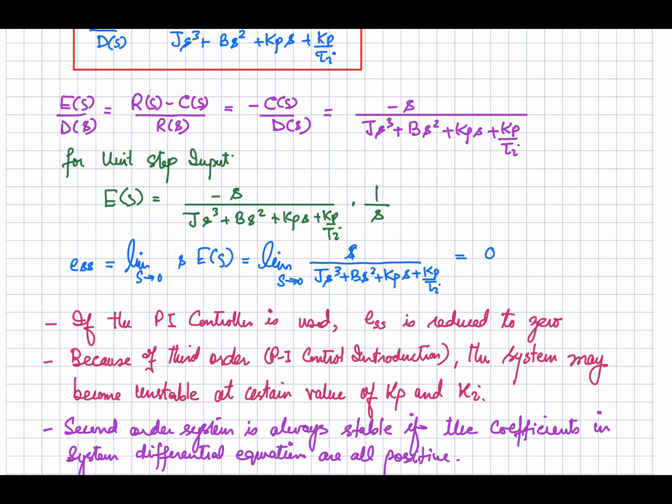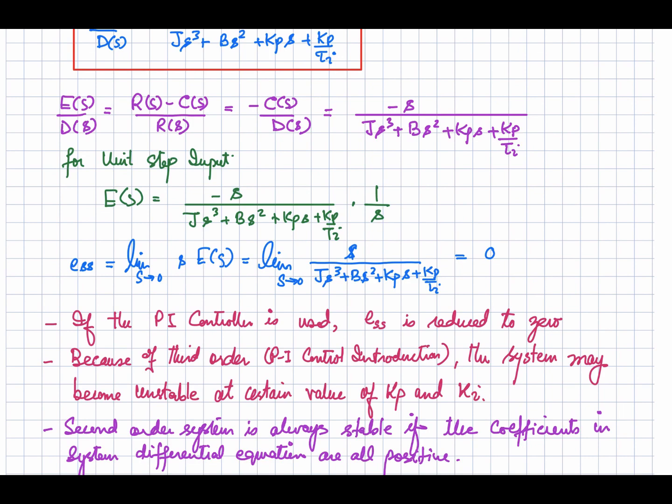So what we can conclude over here is, if we introduce the integral action in the open loop, that makes the steady state error minimized, and if the number of integrators is sufficient, the steady state error will finally become 0.